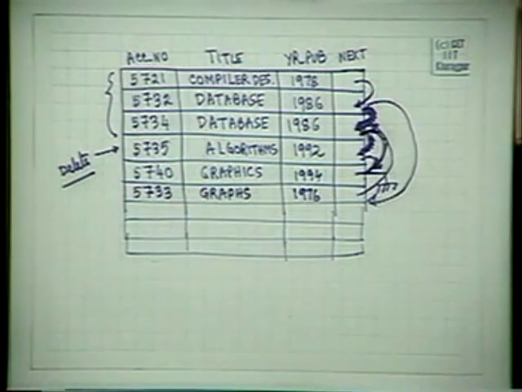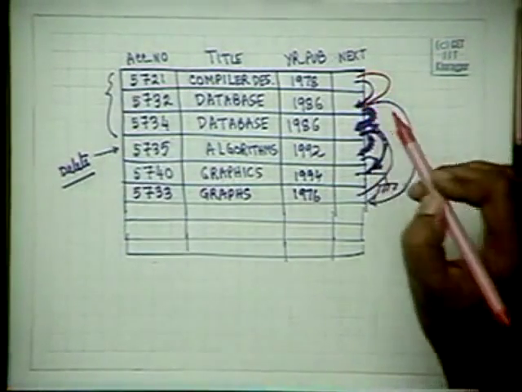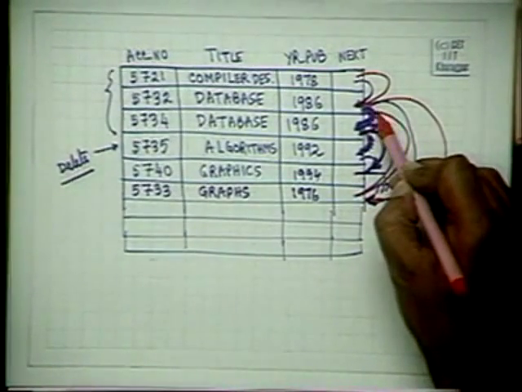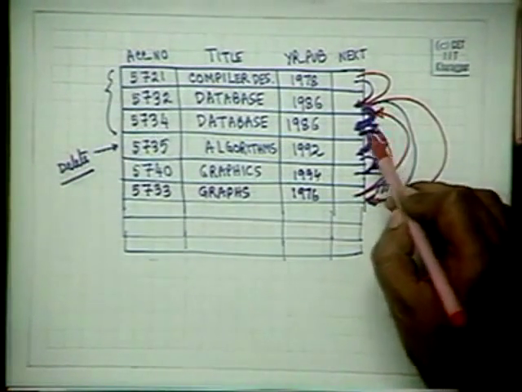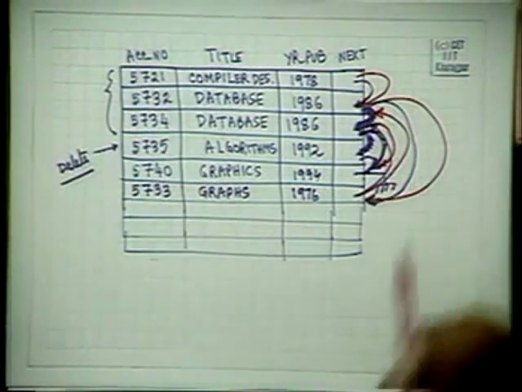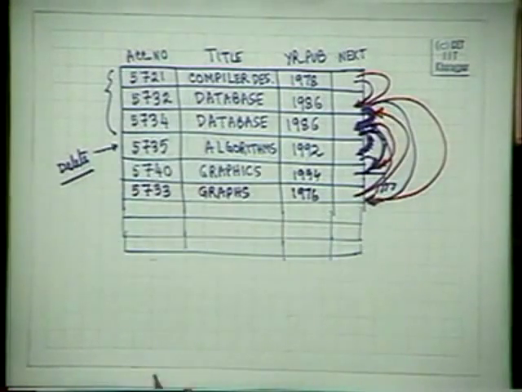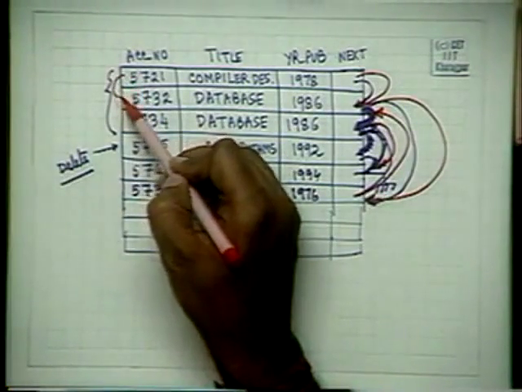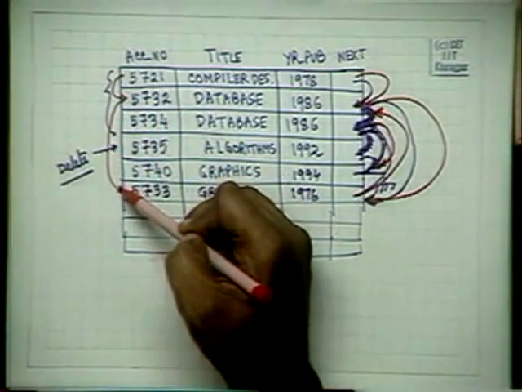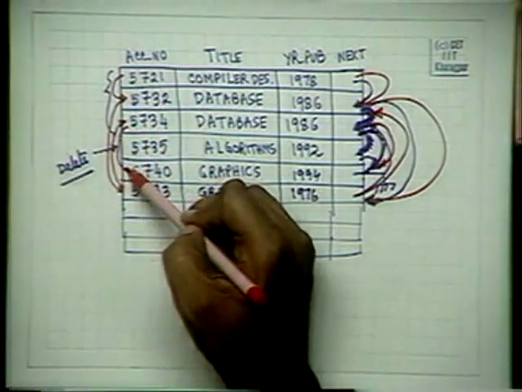So, I will redraw the pointers now, as it will now look. The next pointers will be like this will point here, this will point here, and this will point here.